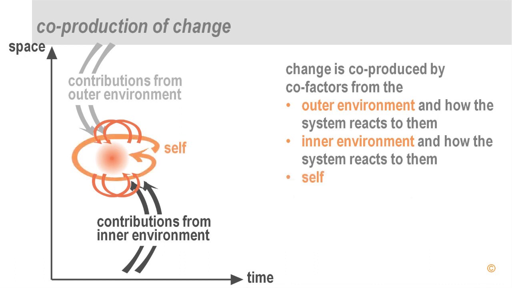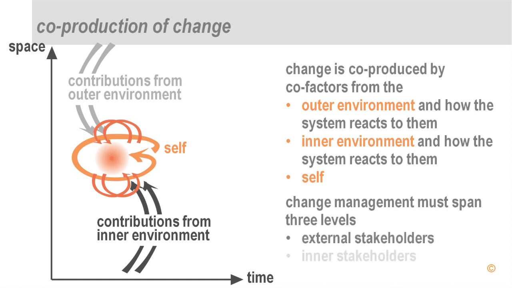So change management must always span these 3 levels. We cannot work with a system at its own level only. We have to take external and internal stakeholders into consideration, as well as the self.